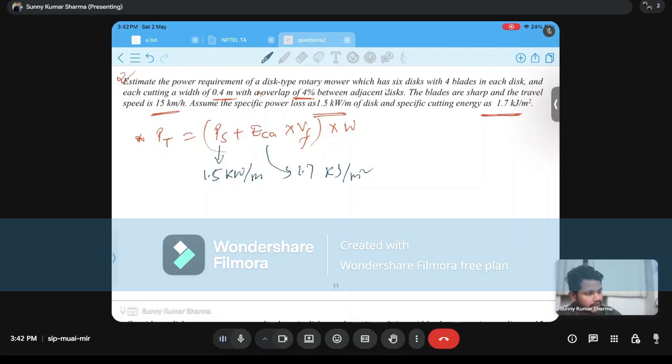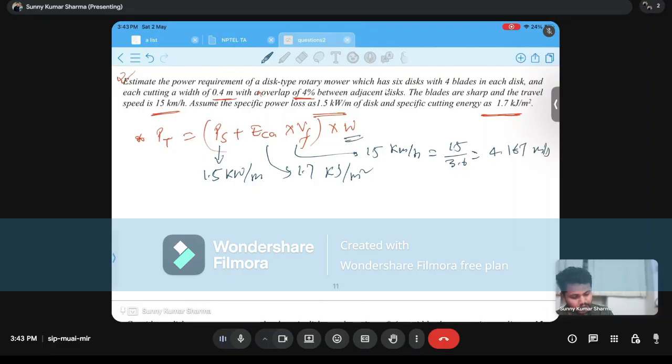Now VF is the forward velocity, which is 15 kilometer per hour. So we will convert 15 kilometer per hour into meter per second. 15 by 3.6 is 4.167 meter per second.